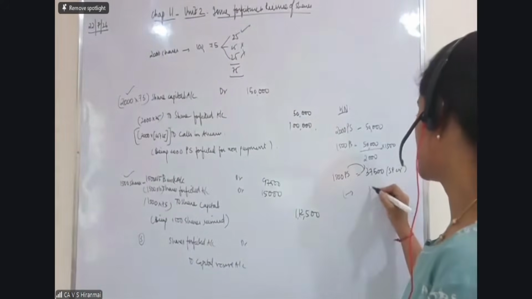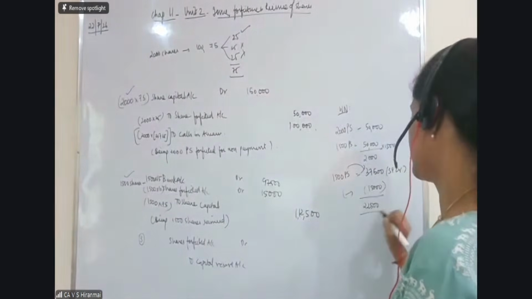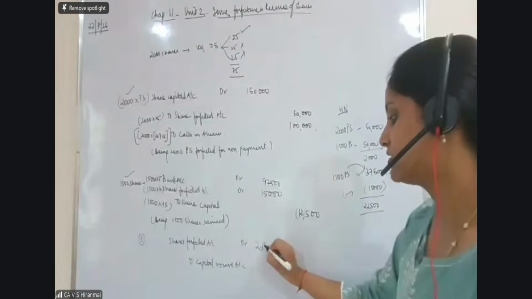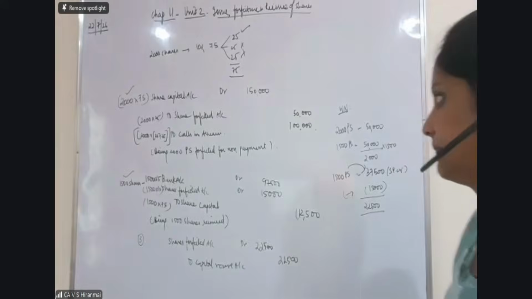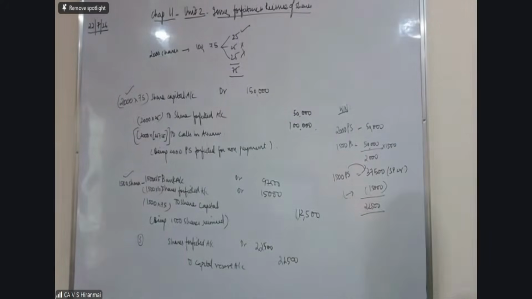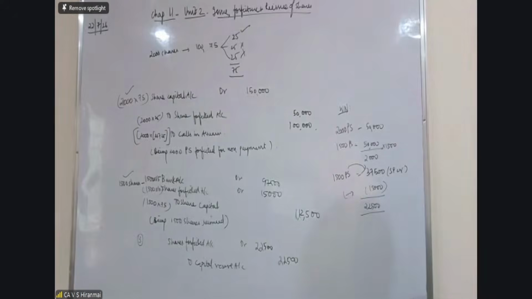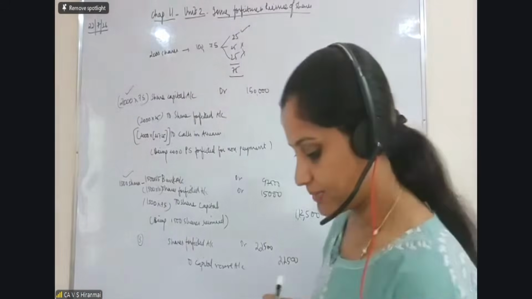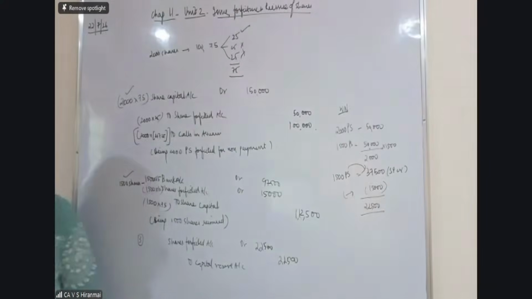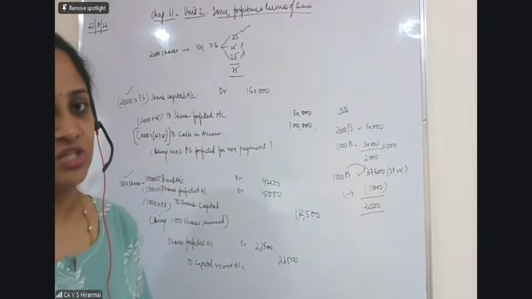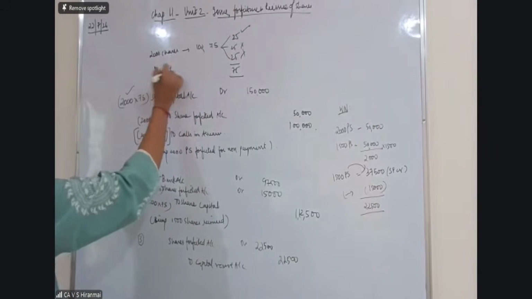Now from this, what is the loss? 15,000. So if I subtract, I get 22,500. So this 22,500 will come here. Then madam, the remaining amount of the 500 shares, that 12,500, where will it come, madam? It will still remain in the shares forfeited account. So this is illustration number 14.